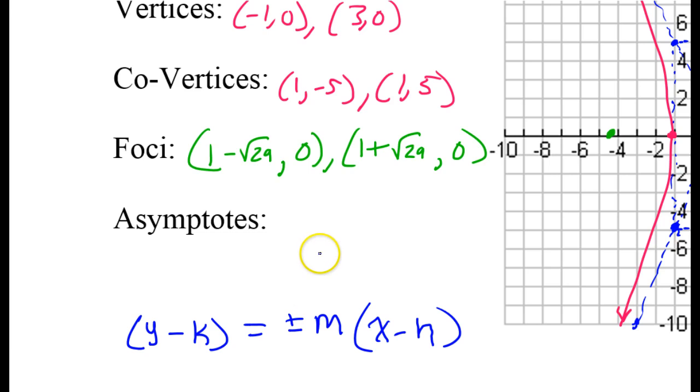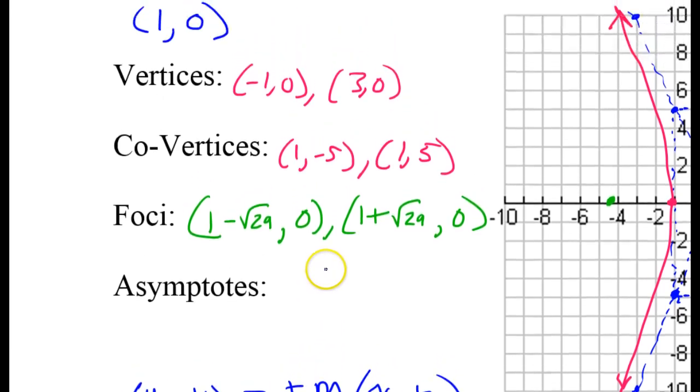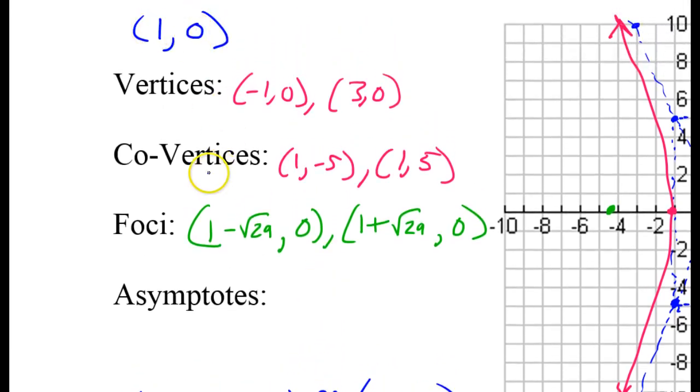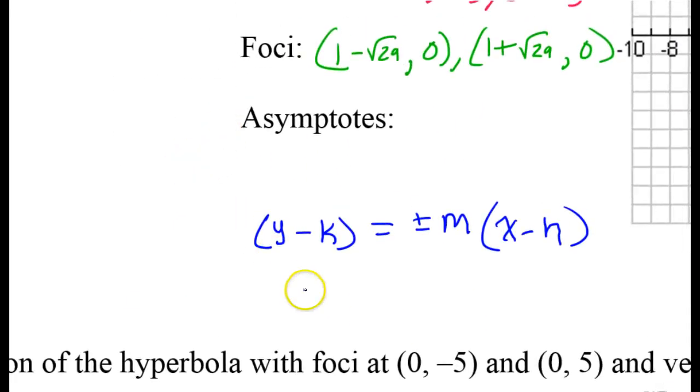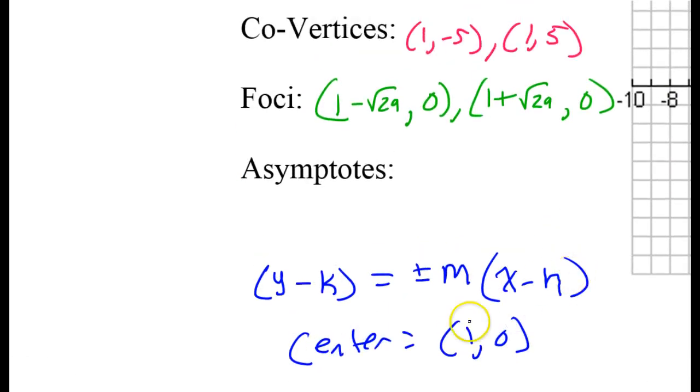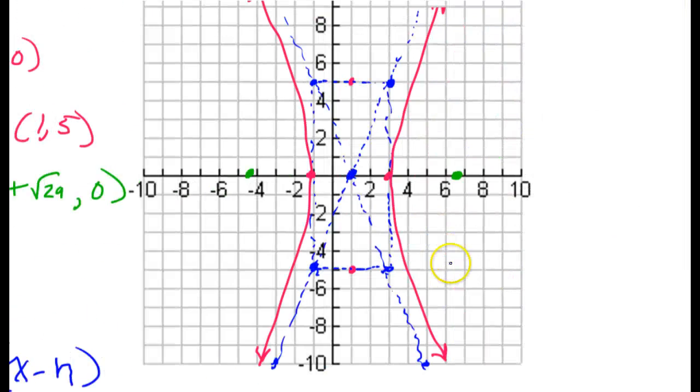Okay, so remember that the center was 1 comma 0. Okay, maybe I'll put this underneath for a second. So the center is 1 comma 0. Now be careful. The y coordinate of the center has to end up here with the y. So that's why I'm just going to have y equals, all right, because k is 0. I need the slope now real quick.